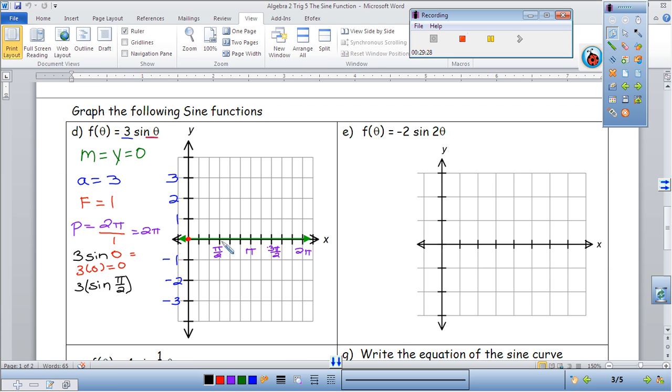So this is 3 times 1, which is 3. So at pi over 2, I guess it's right here, we're going to be at 3. Any questions over that?